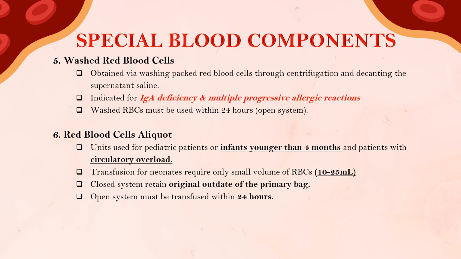It can be prepared through a closed system using a multiple pack system or a quad pack system, also known as blood bags with multiple satellite bags or transfer bags, or through an open system. The aliquots from a closed system will retain the original outdate of the primary bag, while the aliquots prepared through an open system must be transfused within 24 hours.